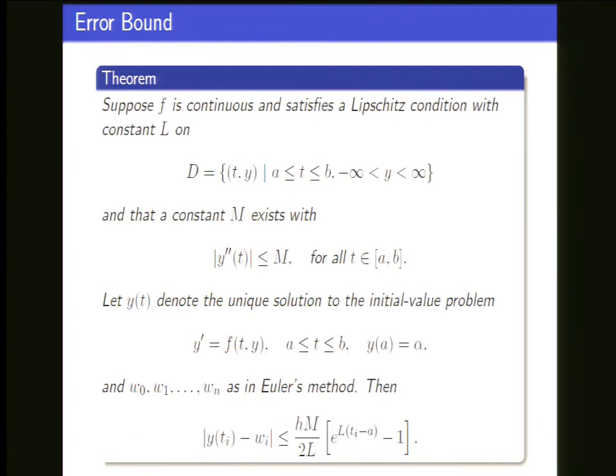So we're saying error. And by error, well, let's use the notation. The last error is bounded by h M over 2L times, and as I said, we're usually interested in the last, so why don't you just plug in b minus a here? Okay? So b minus a is 1, L is 1, M is e.